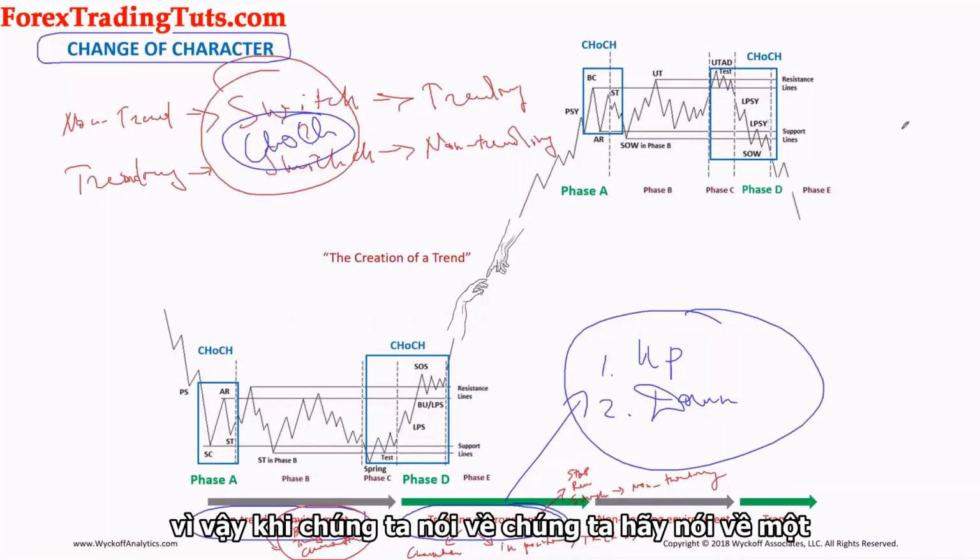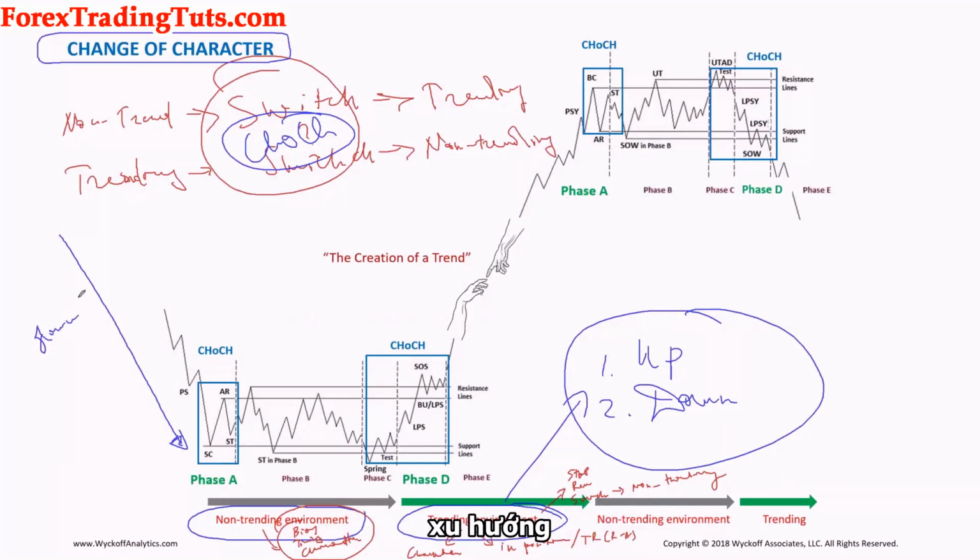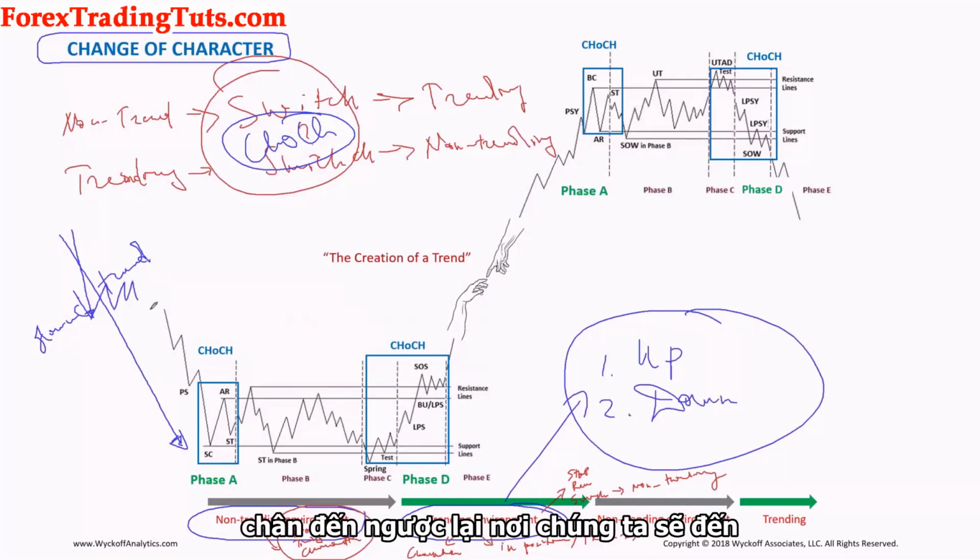So when we talk about, let's say, one environment, which in this case on the schematic is a downward trend, we would be thinking what kind of character of a trend it would be. Obviously the legs to the downside are going to be much more pronounced than the legs to the upside, where we're going to have attempts to reverse and to actually cover the ground that we lost in the downtrend.